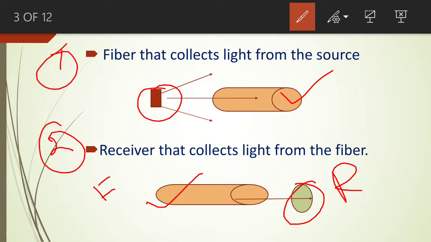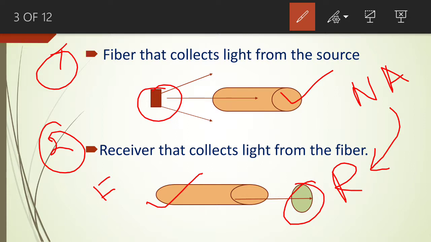Number one, we know that the fiber receives the light from the source, and number two, we know that the receiver receives or collects the light from the fiber. So we need to find out the numerical aperture of the fiber, and we need to find out the numerical aperture of the receiver as well, right?